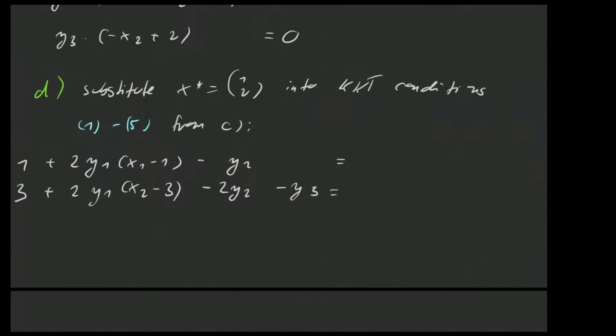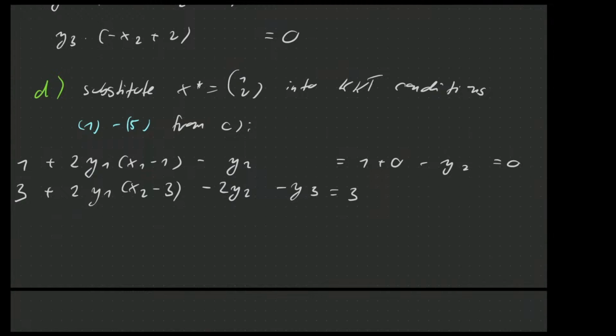Okay, so if instead of x1 you're using 1 and instead of x2 you're using 2, that becomes 1 plus, let's see, if x1 is 1, this becomes 0, plus 0, minus y2. And here we have 3 plus 2y1, x2 minus 3. x2 is 2, so x2 minus 3 is minus 1.